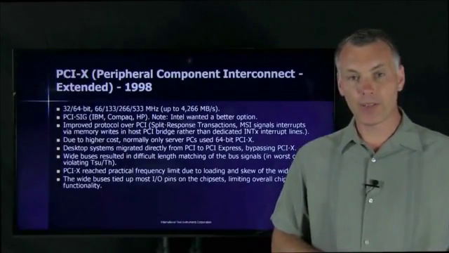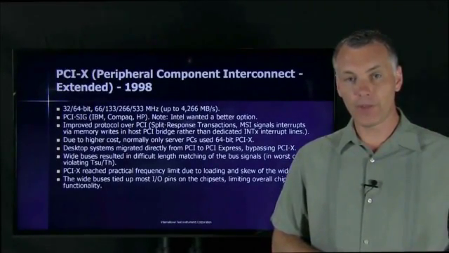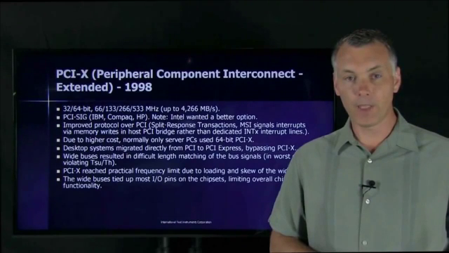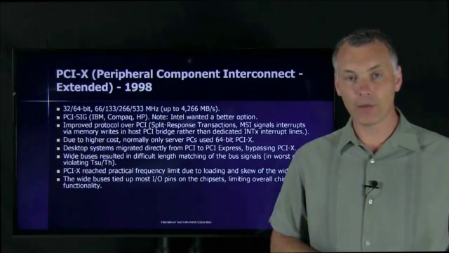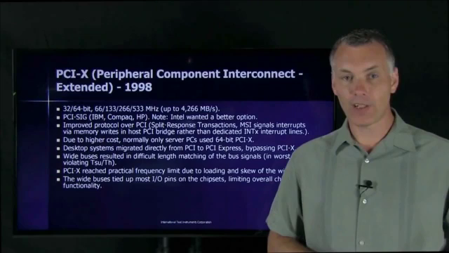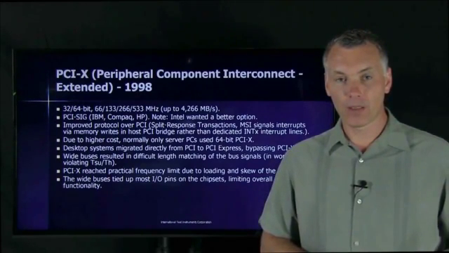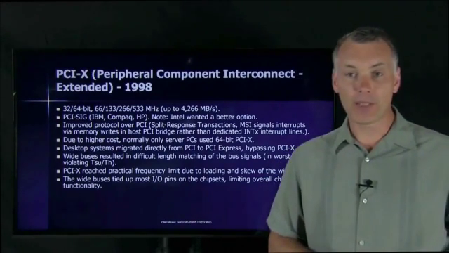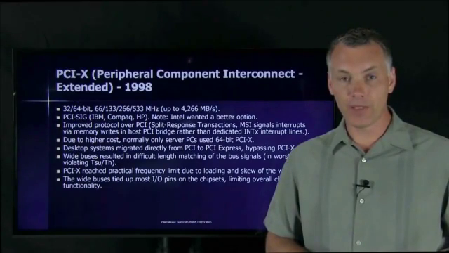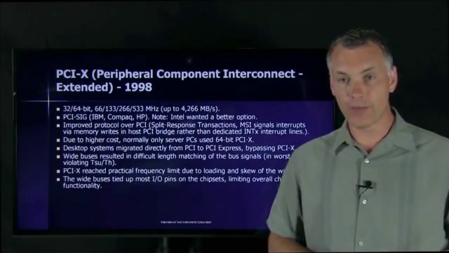After about 6 years of use of the PCI bus, the extended PCI or PCI-X specification was released. And I will spell out some features of the PCI-X bus in this slide.